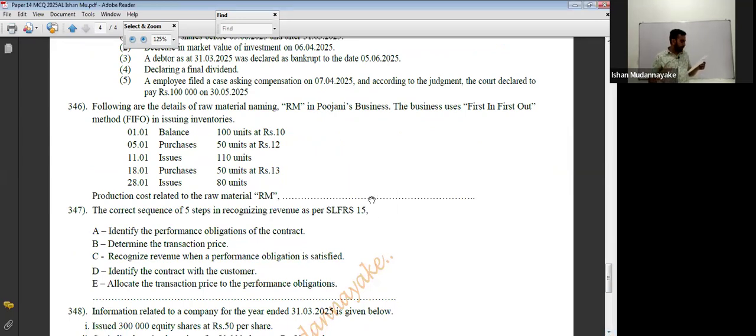Question number 346. What's the answer? Following are the details of raw material RM in Pujani's business. The business uses the FIFO, first in first out method, in issuing inventories.